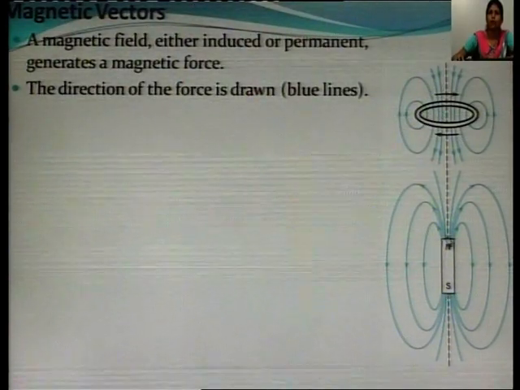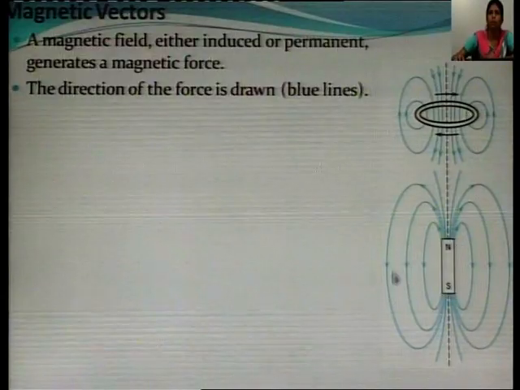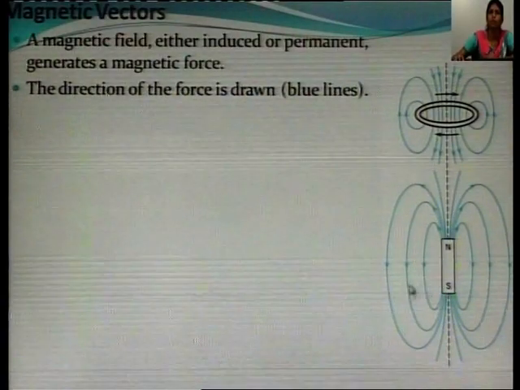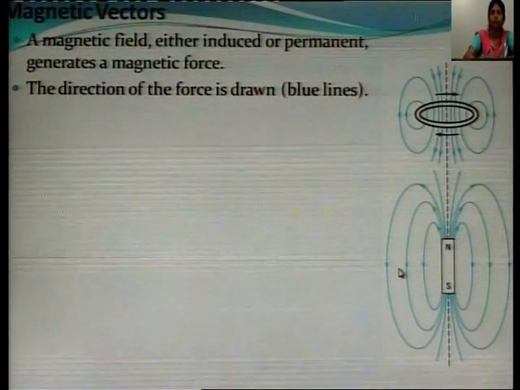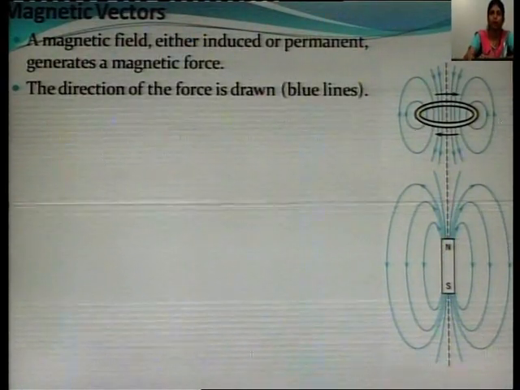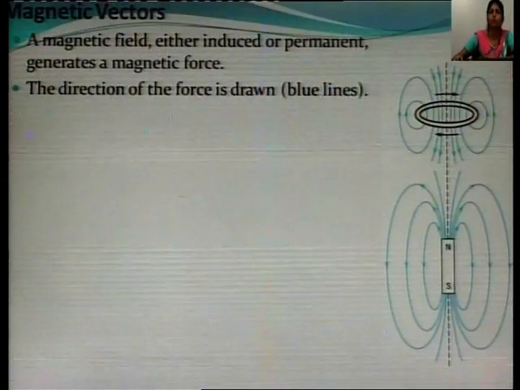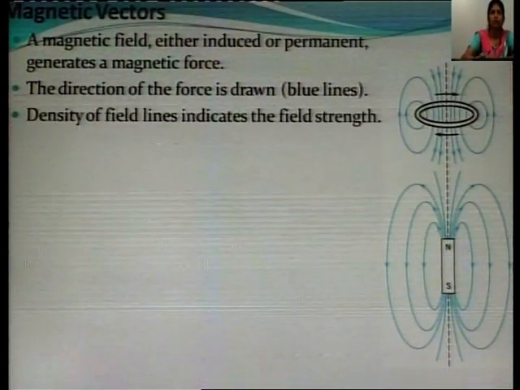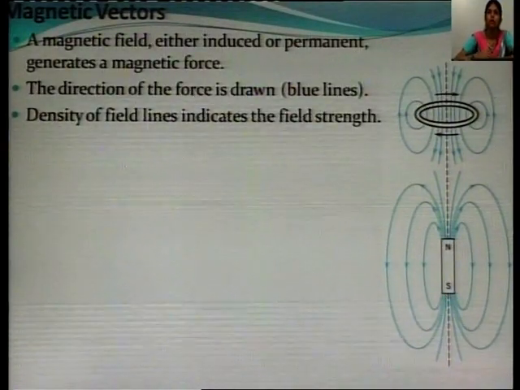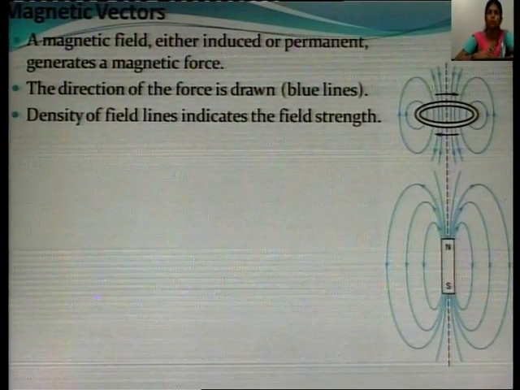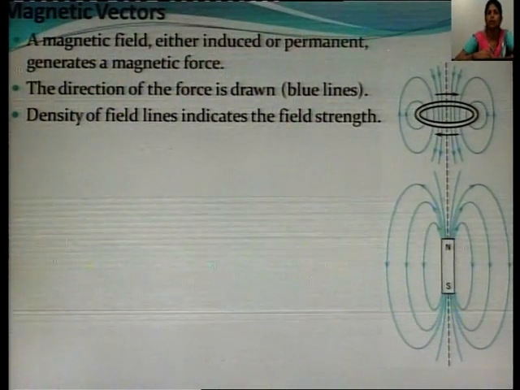This is a magnet around which there are blue lines. These are the magnetic lines of force, and these represent the magnetic field. The more the magnetic lines of force, the stronger the magnetic field. The density of the field lines indicates the field strength. So if the density of field lines is more, the strength of that field is very high.